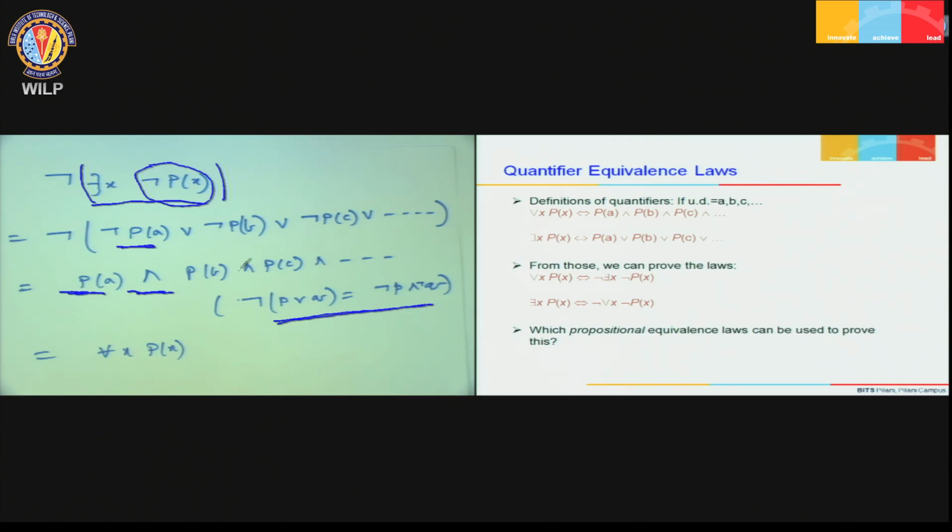Not of not PB is PB. Not of not PC is PC, and you get the and operator by means of De Morgan's law, and hence you get for all x Px. This is how we prove the equivalence, and similarly one can prove the other equivalence also.